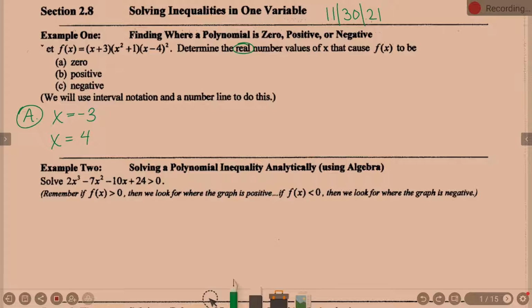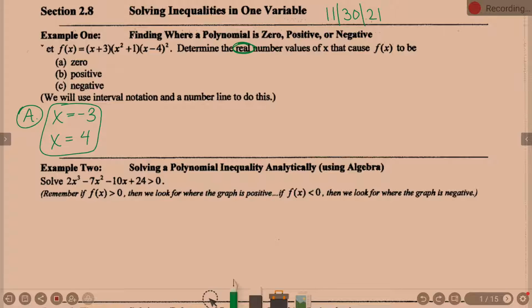And what did this problem specifically say? The real number values. So yes, there are technically zeros at plus i and negative i, but that's not what we're talking about today. We are talking about real number values. Okay, so for A, x equals negative 3 and x equals 4 are the zeros.